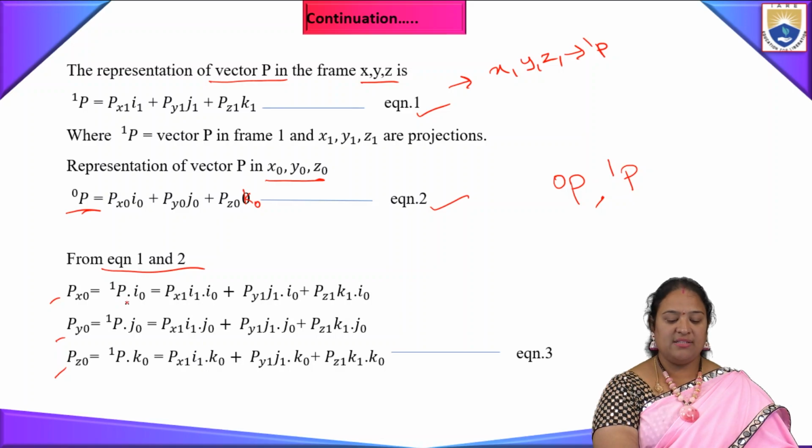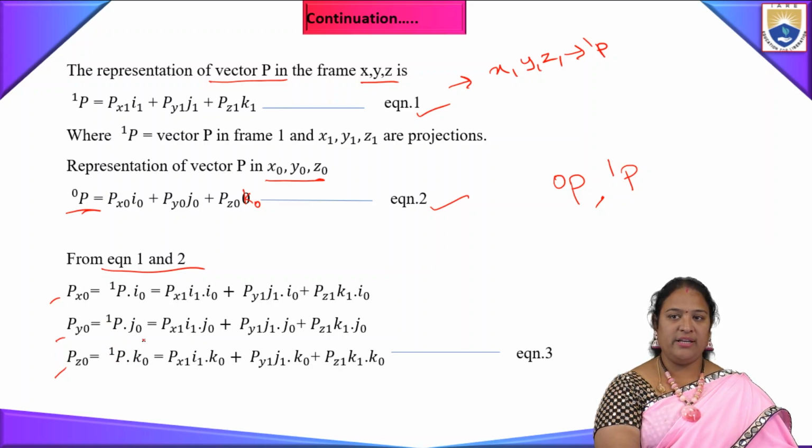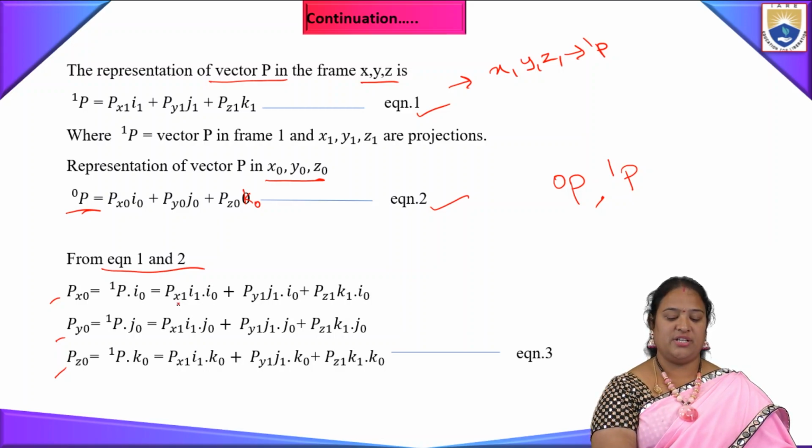It is written in terms of frame 1. When we consider frame 1, we write the projection of frame 1 into i0, or the projection of frame 1 into j0, or the projection of frame 1 into k0. That is, we are considering one particular column. So here we write the equation as px1 into i1 into i0 plus py1 into j1 into i0.